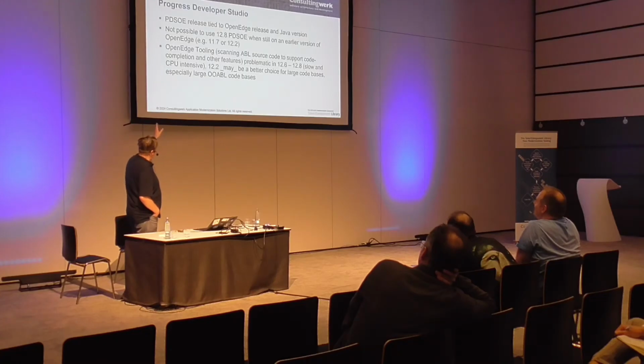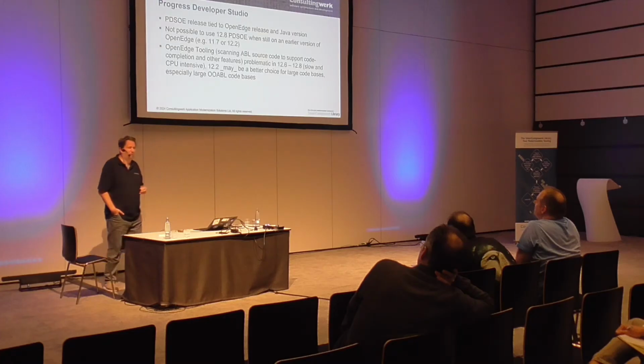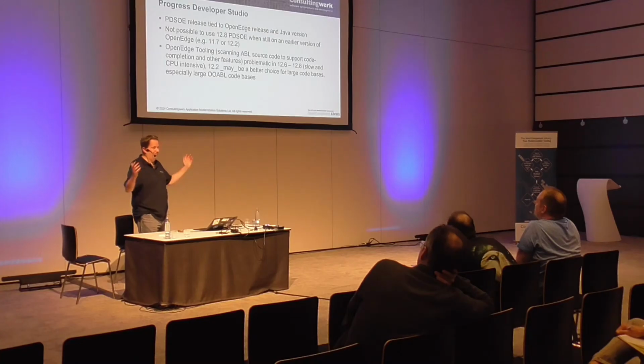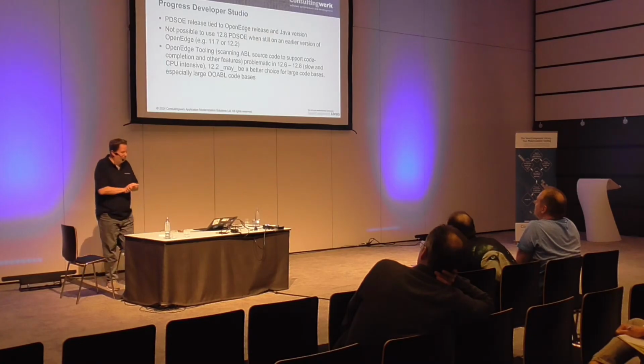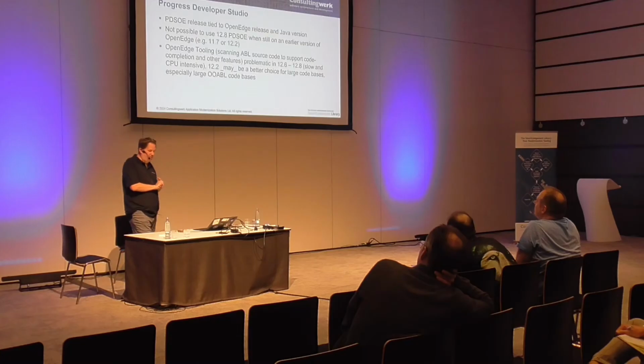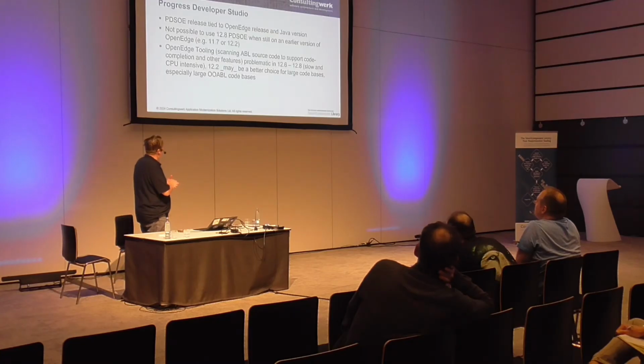Yeah, and the big challenge right now is this OpenEdge tooling, scanning of the OpenEdge source code, the ABL source code. That got problematic. Earlier I said 12.5 or 12.6. Progress changed this to make it better. We don't see anything of the better. We only see that it's slower and very CPU intensive.